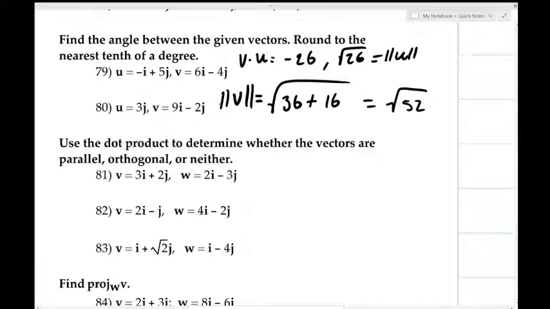Can 52 be divided by any perfect square? Yep. So 52 is the same thing as 2 square root of 13.